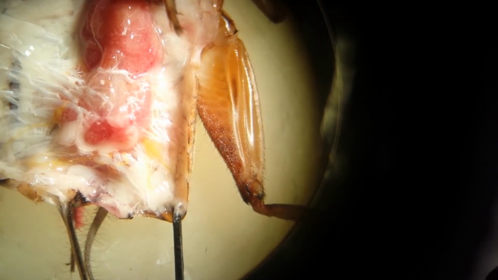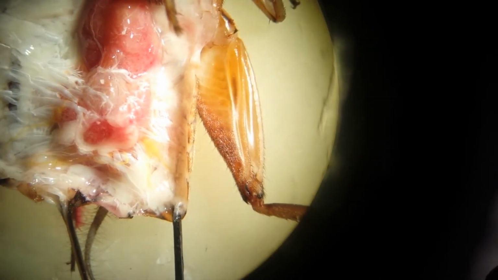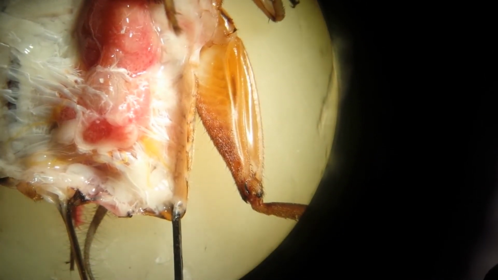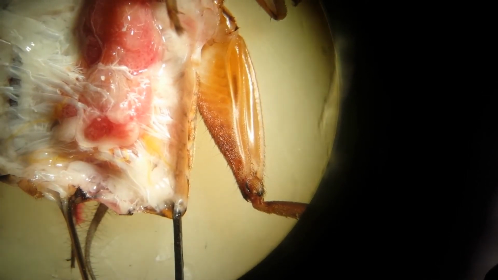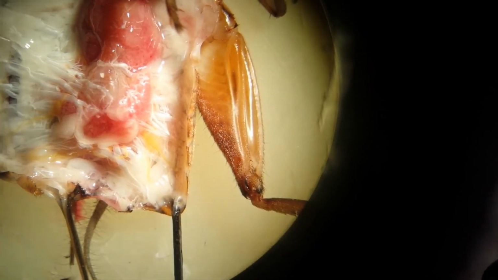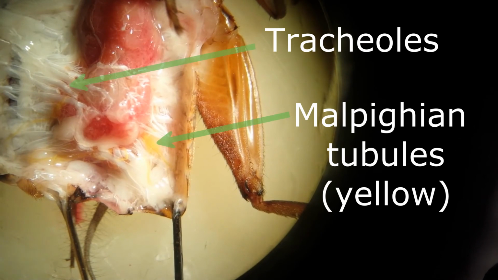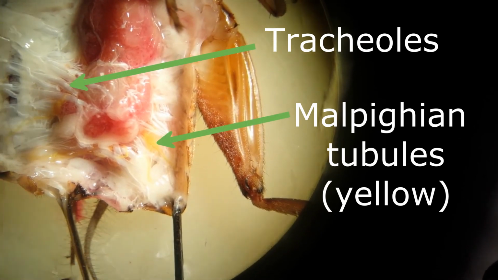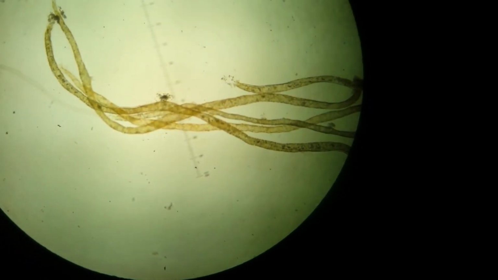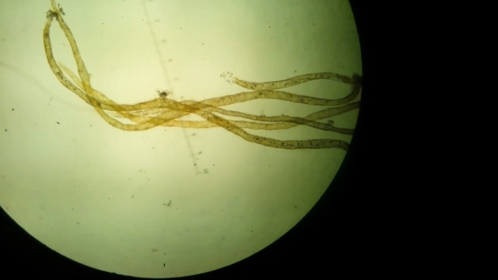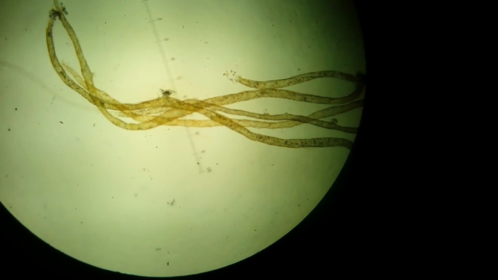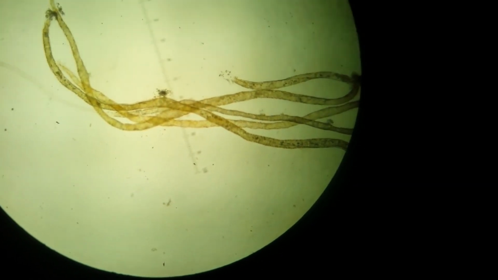Here's just a view of a short-winged female's digestive tract while it's still more or less in place. You can see some tracheals along the top, and you can see those yellow Malpighian tubules towards the bottom. Alright, if you look closely, you can actually see substances moving through these Malpighian tubules.